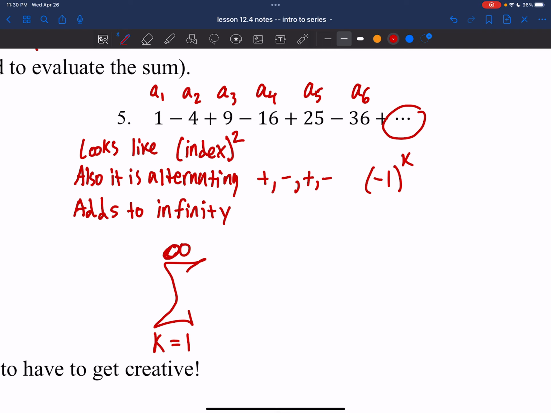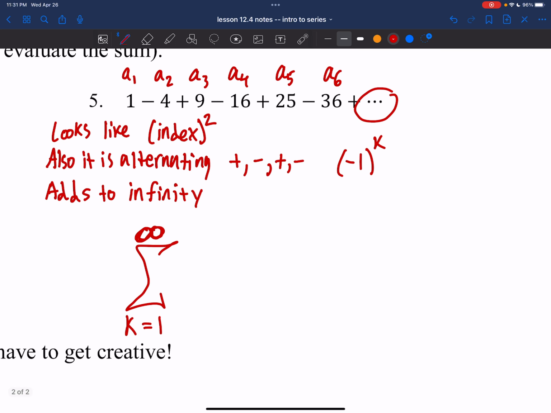Forever. This is an infinite series because it doesn't stop. So from k equals 1 to infinity of, well, the -1 to the k, that's what's helping it alternate.